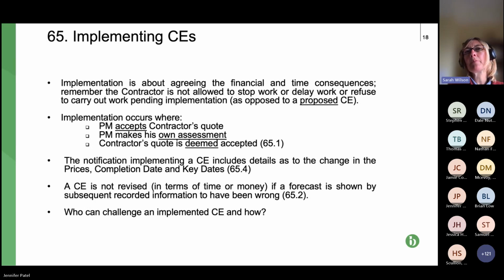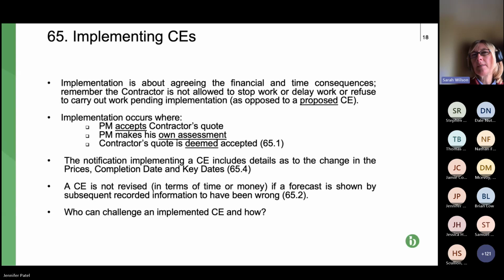But if that's not possible, the contractor can go to adjudication and get an adjudicator to make the decision. Ditto the client. So if the PM makes an assessment of a CE, the client can still adjudicate for a different result, presumably a lower payment or a lesser extension of time. Again, it will struggle if it's trying to contradict what its PM has done.